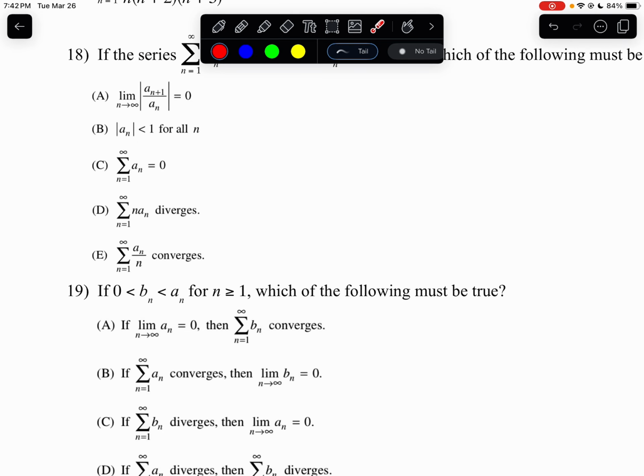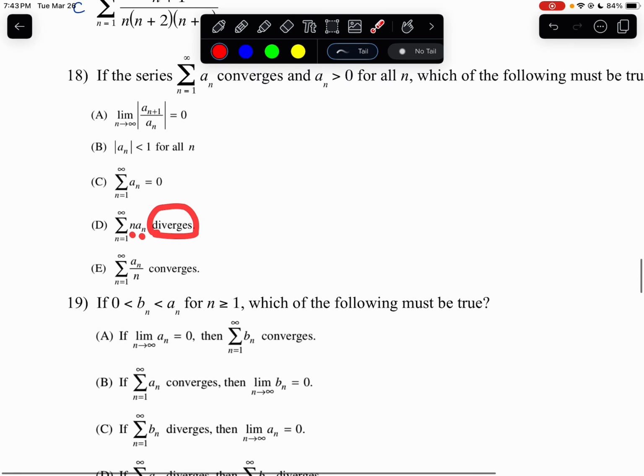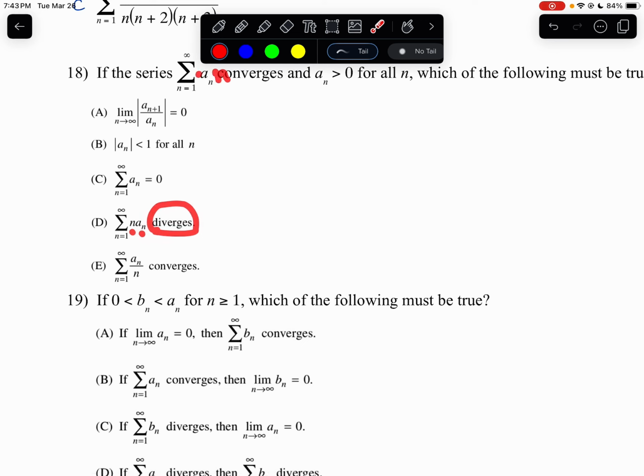Right here we have the infinite series n times a sub n diverges. So if I multiply this by n, it's going to diverge. I don't think we can know that for sure. We do know that this converges.